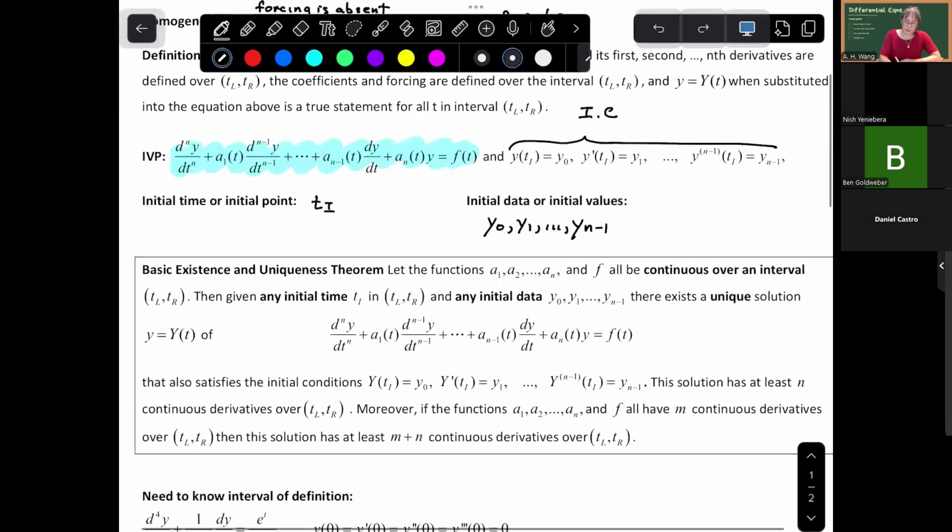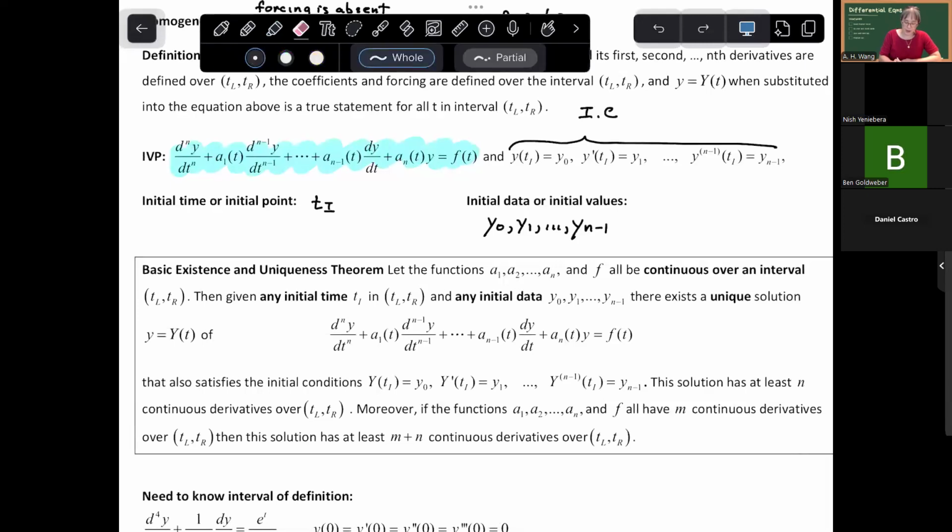The existence and uniqueness theorem is this: if the coefficients and the forcing are all continuous over this interval, no matter what your time is in the interval, and no matter what numbers are given as your initial values, there exists a solution. Not only does there exist a solution, the solution is unique.